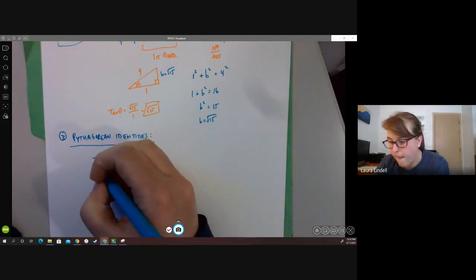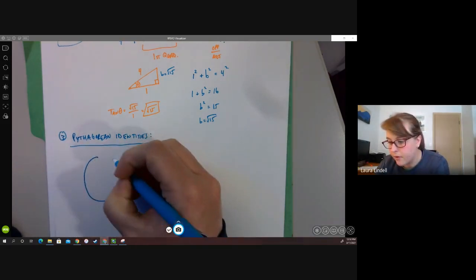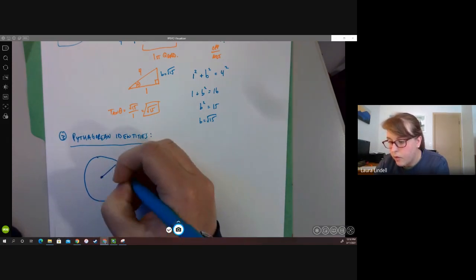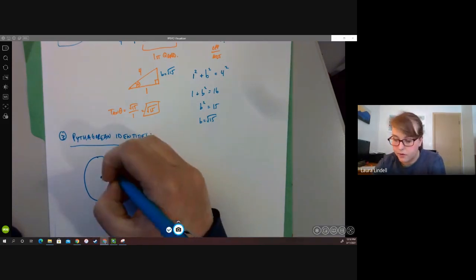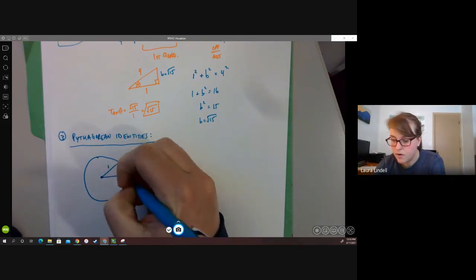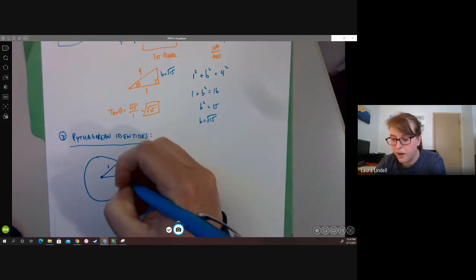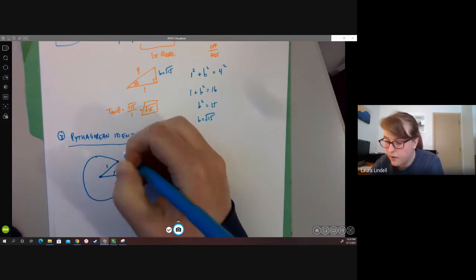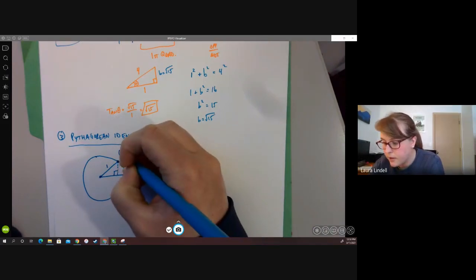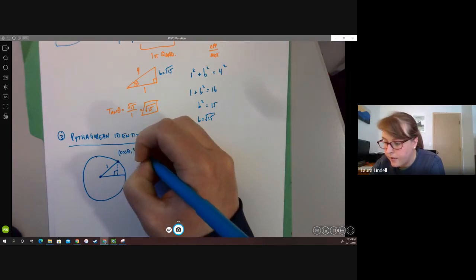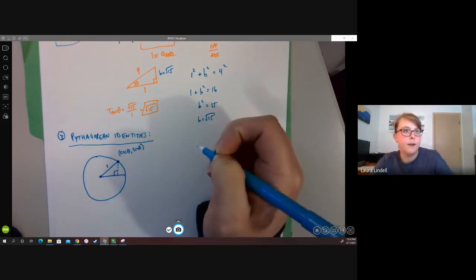So if we've got the unit circle here, we know that the radius of the unit circle is 1. And if I were to drop this down and make a right triangle here, we knew that from the unit circle, cosine is x and sine is the y value, right?